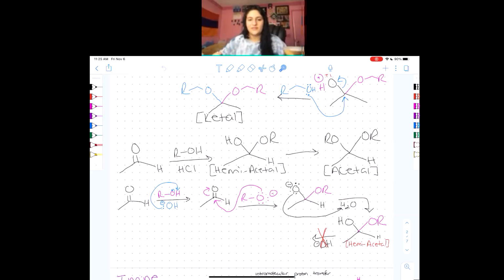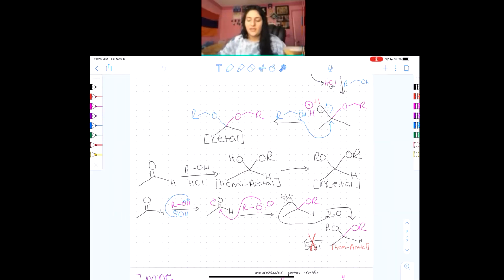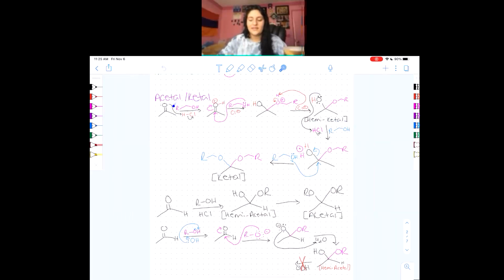Something conceptual that's very important for acetals and ketals is that when you have an acid catalyst, it will go to completion. When you have a base catalyst, it will not go to completion. It will stop at the hemi. Things like that.